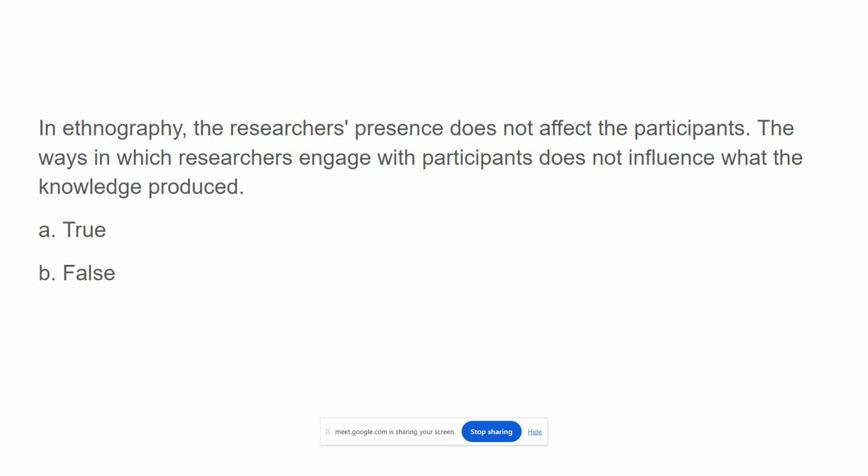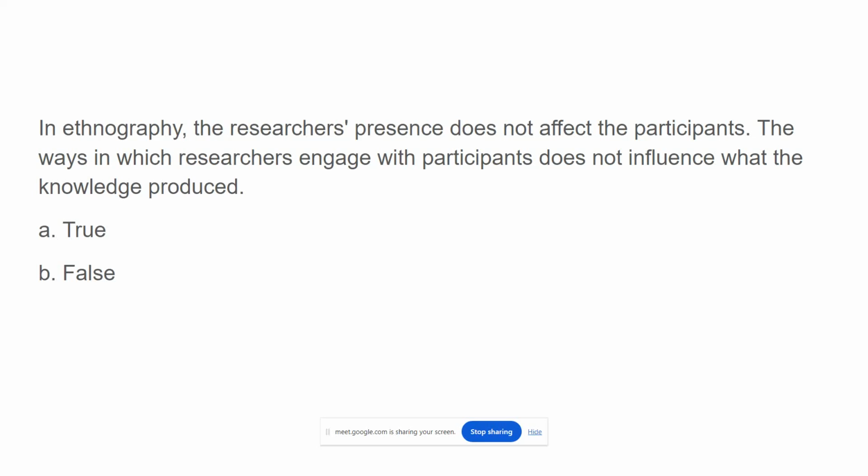What happens is the participants are very conscious about your presence. They always see that you're observing them, so they perform very differently, they behave very differently.